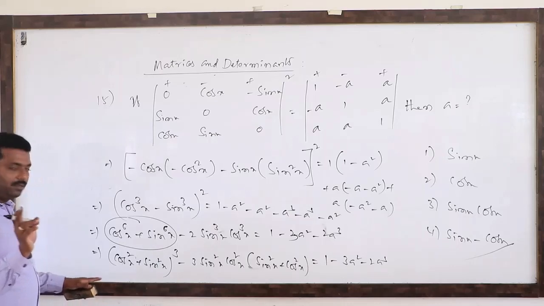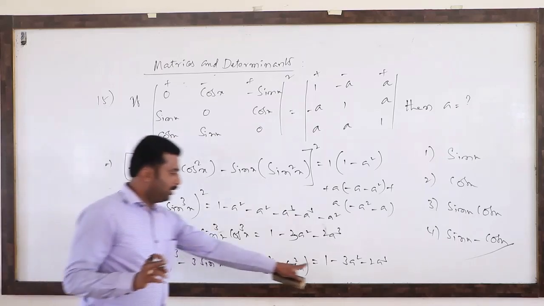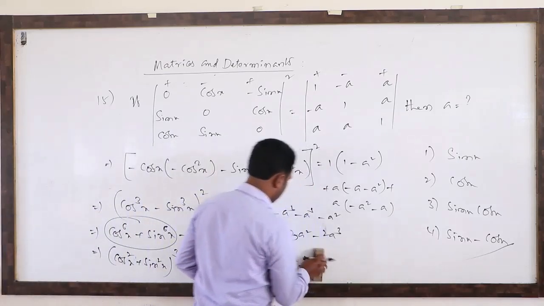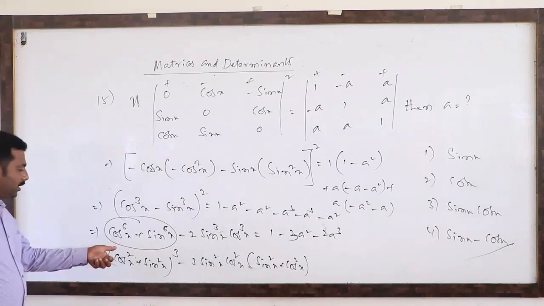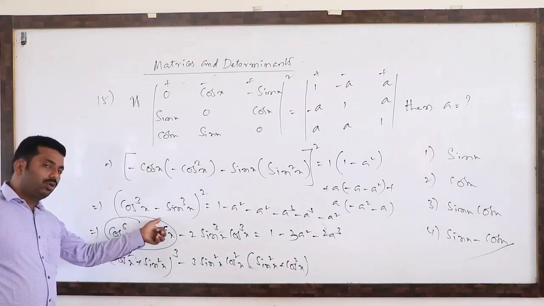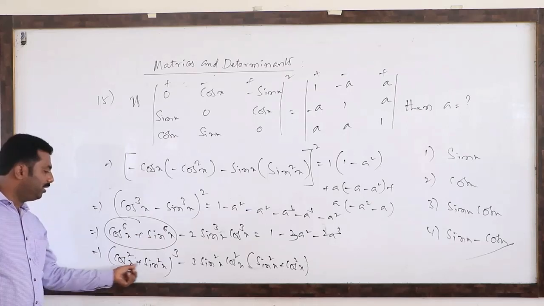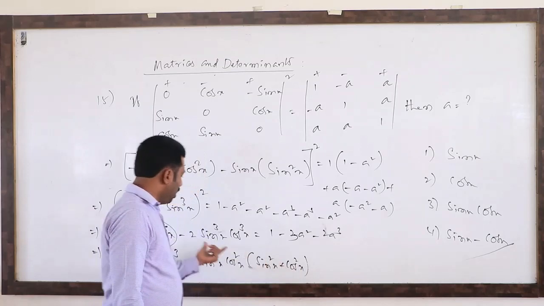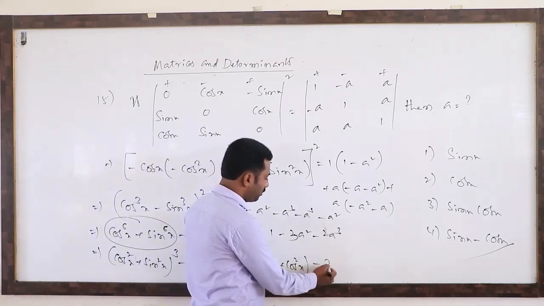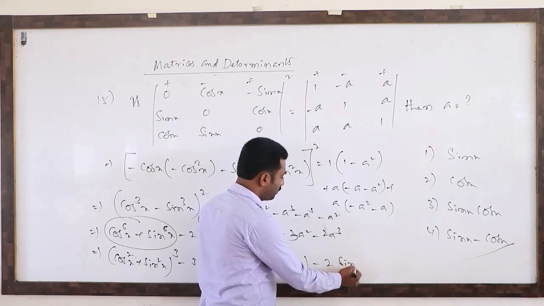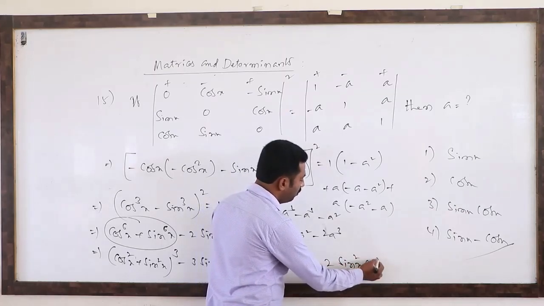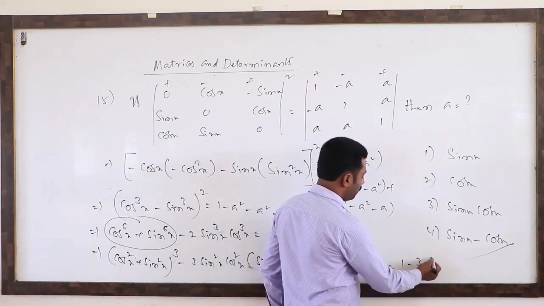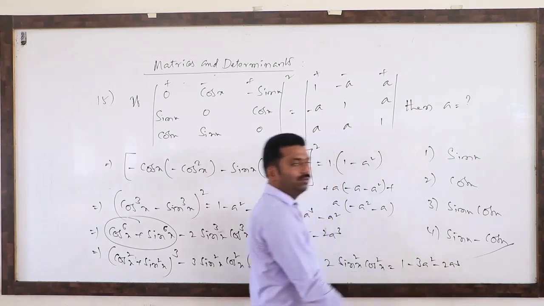So just compare, listen, this 1 is gone. Again minus is there. You observe, this is cos square x whole cube plus sin square x whole cube, meaning a cube plus b cube, meaning a plus b whole cube minus 3ab into a plus b, already minus 2 into sin square x into cos square x equal to 1 minus 3a square minus 2a cube.